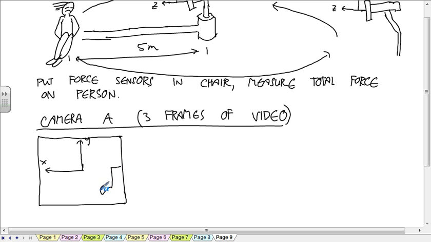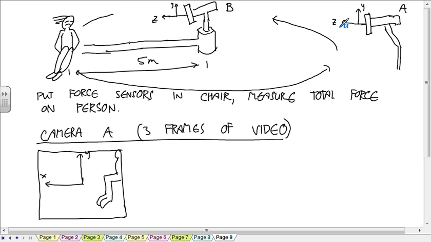The camera would see the person just coming into the frame, like the frame right before they get to this location. This is what the camera sees now. We're trying to put ourselves in the frame of reference of this camera. So now Z is going into the page.